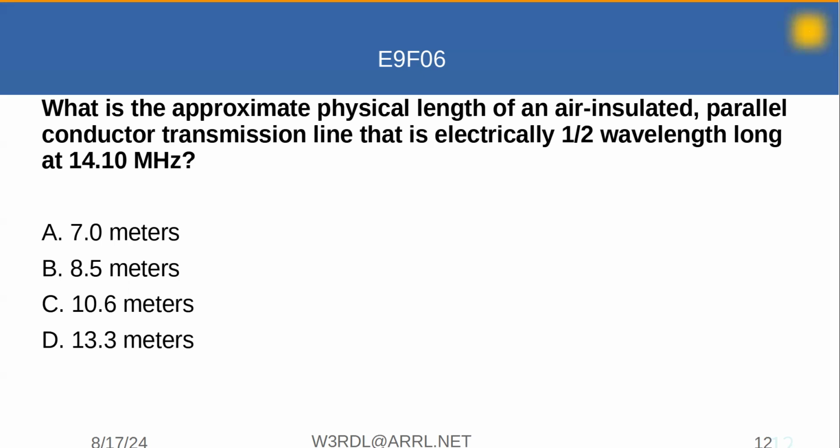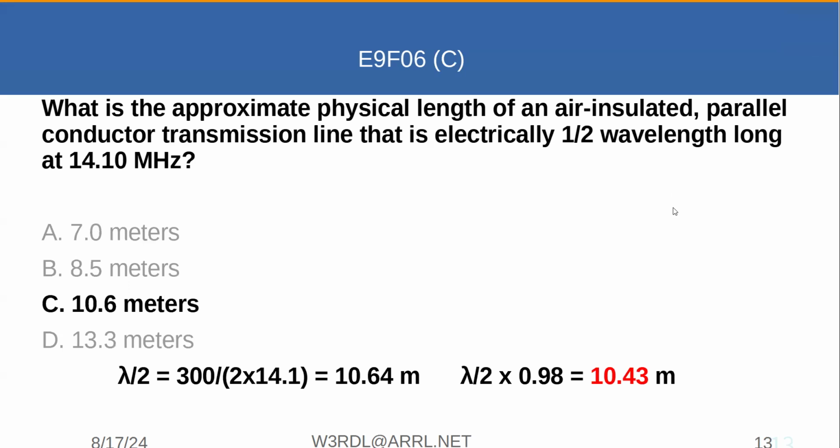Huh? Charlie? I don't remember off the top of my head. And this one, I did this because if you looked at the study guide, the explanation he shows in there is when you multiply the 10.64 times 0.98, he comes up with 10.6.